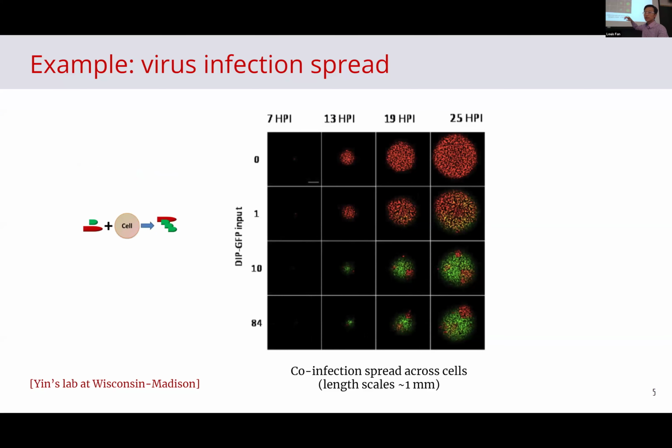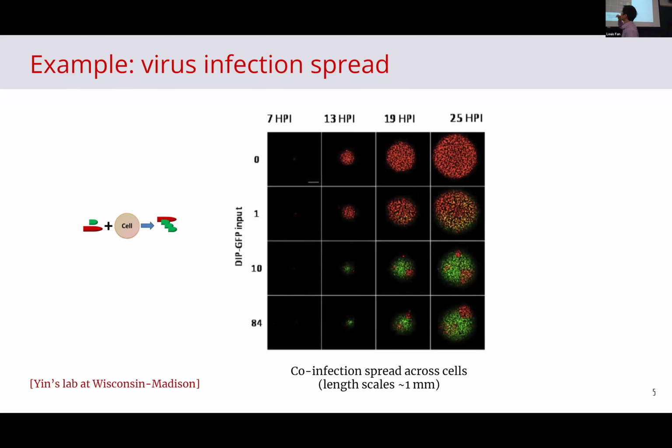Now, the second row and the third row and the fourth row are essentially the same experiment, but with different initial conditions. So let's say the second row, now the cell at the center is co-infected by one of its mutants, this shorter green bullet, one of its mutants, which has a deletion in its genome.